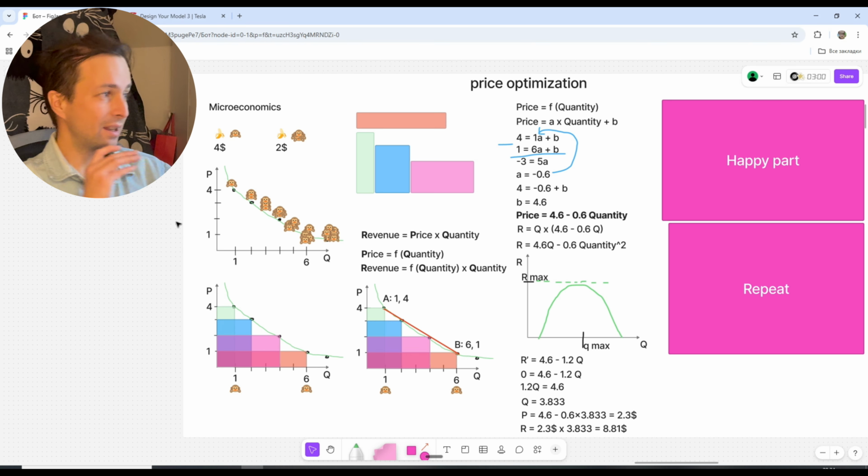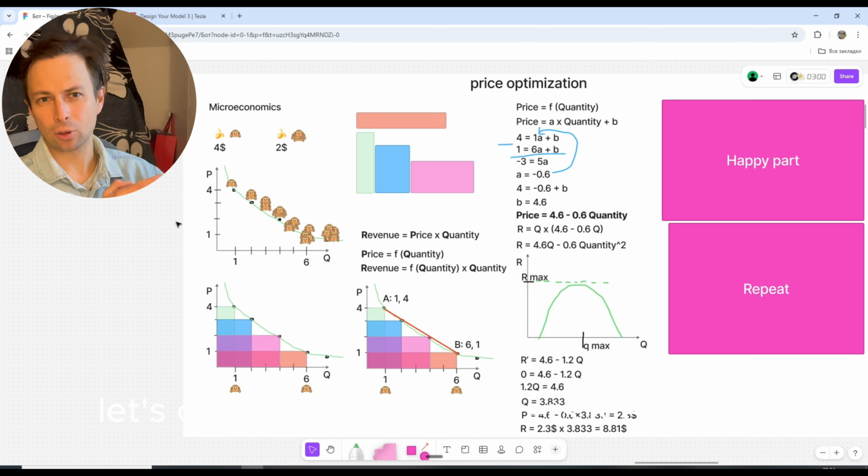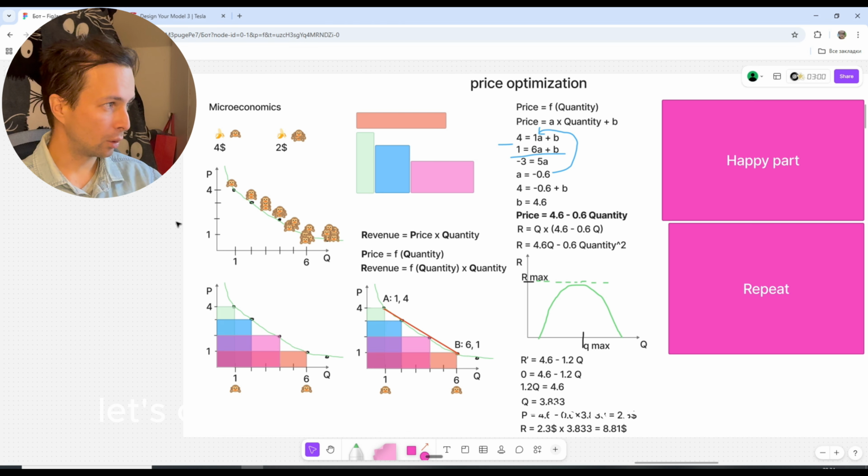Okay, revenue, let's call it by the first letter. R equals Q, and we want not to use just price. We want to use, instead of price, 4.6 minus 0.6Q.